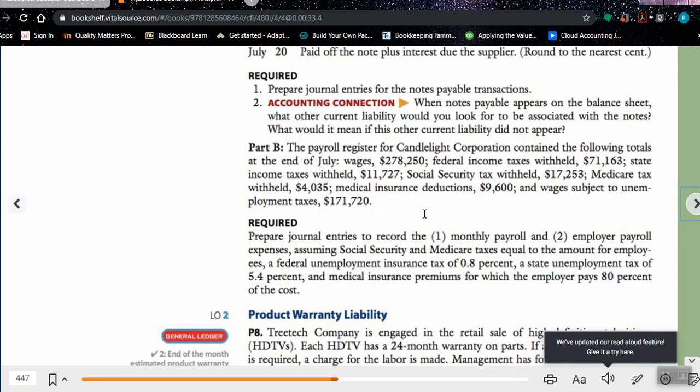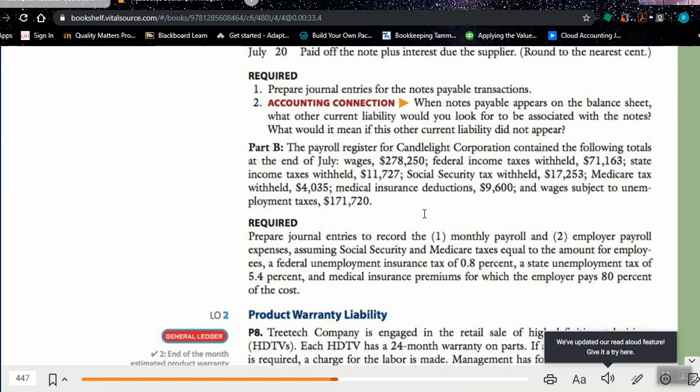So if you read the book, you know that there are only certain taxes that the employees are responsible for and certain taxes that the employer is responsible for. Both the employee and the employer are responsible for Medicare and Social Security.